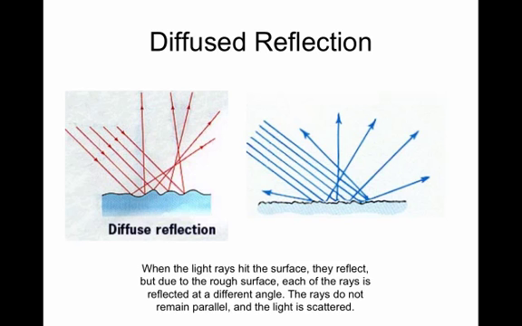Well, if the mirror or surface was bumpy, like waves on a pond or a lake, then we would get something called diffused reflection, and the light rays don't travel in a very predictable pattern.